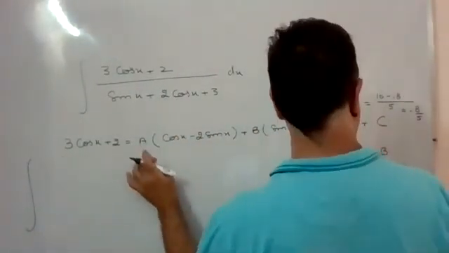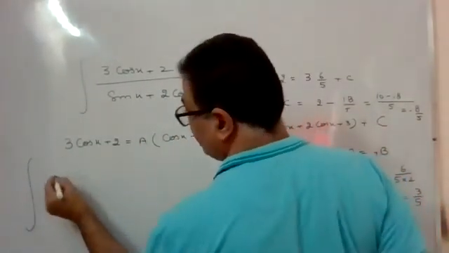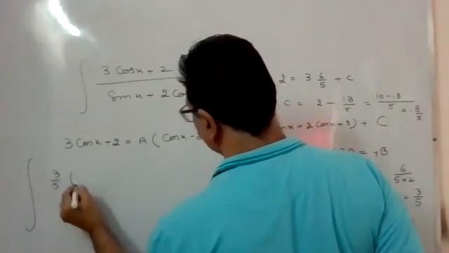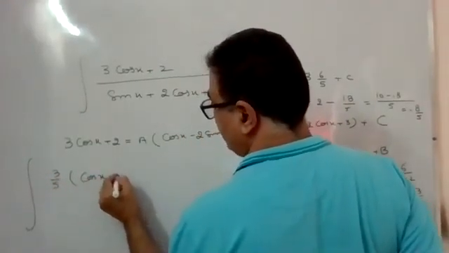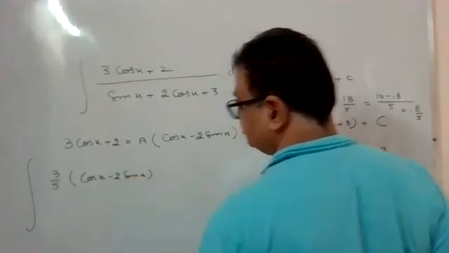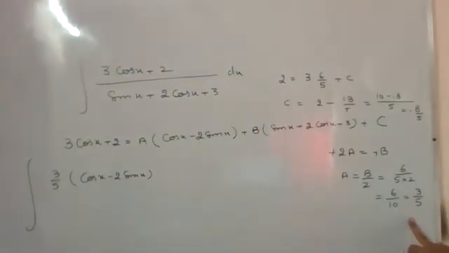This I'll write as A times, A times means 3 by 5 times cos x minus 2 sin x. Then plus B times. What is B?